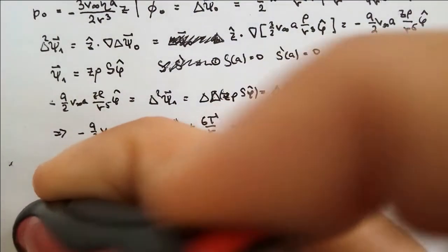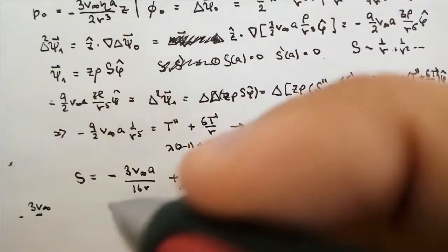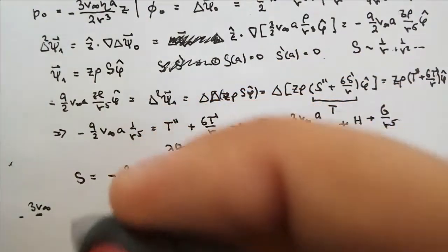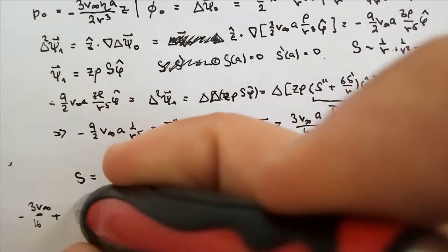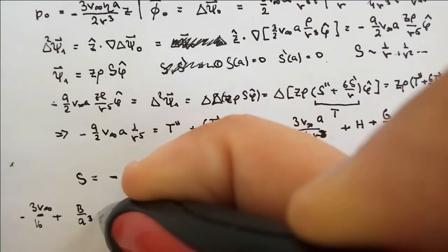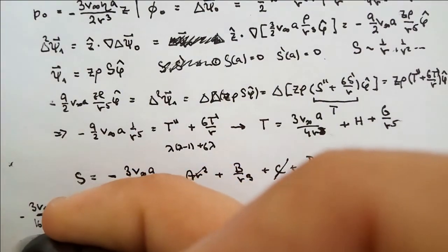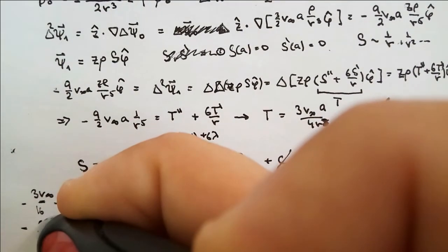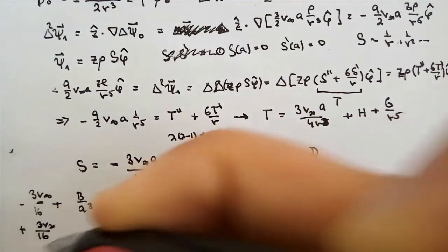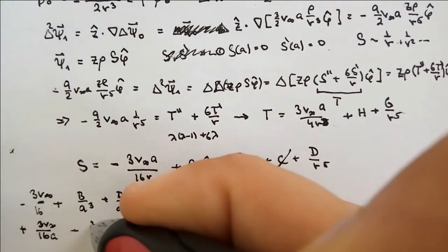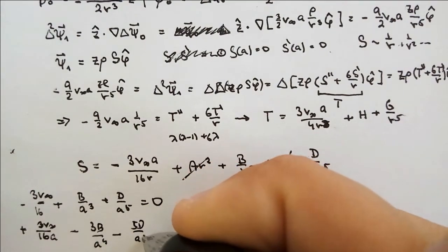It's this minus 3 v infinity over 16 plus b over a cubed plus d over a to the 5th power is 0, and minus 3 plus 3 v infinity over 16 a minus 3b over a to the 4th power minus 5d over a to the 5th power is 0.